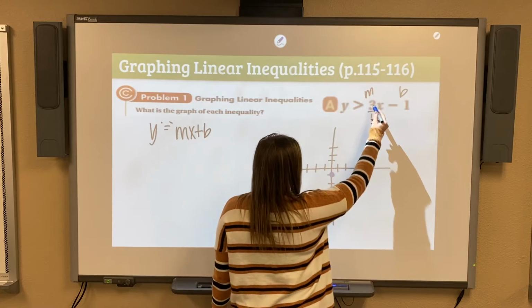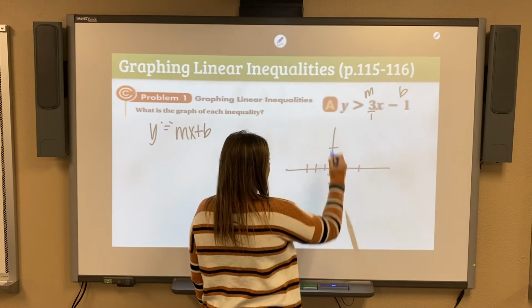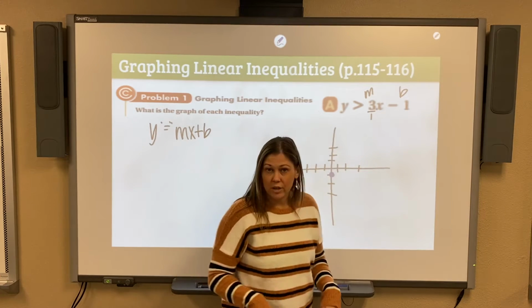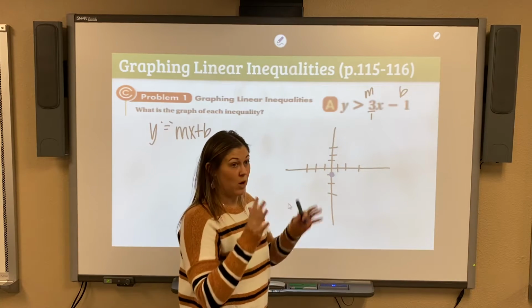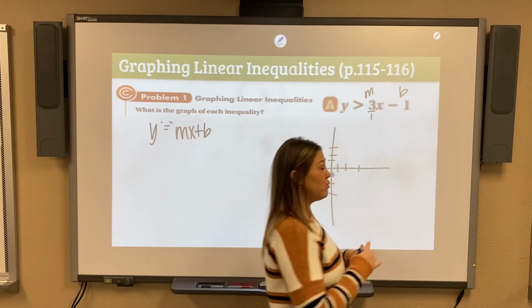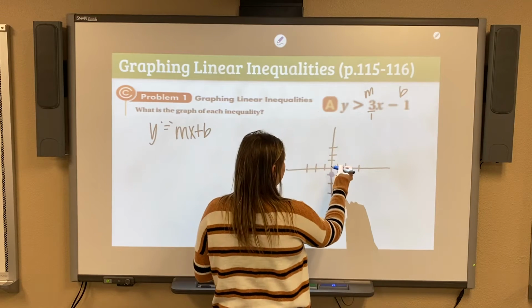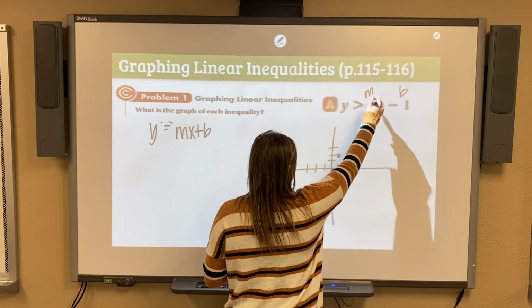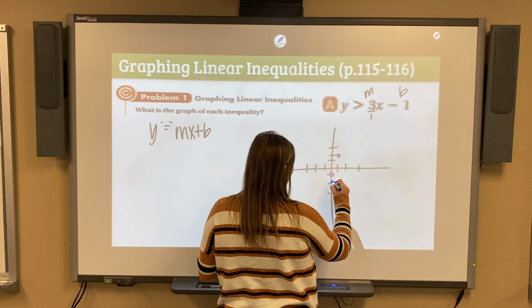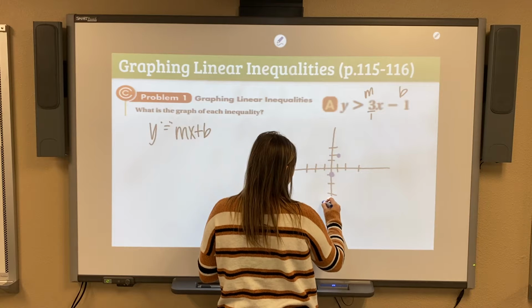Our slope is 3 over 1, so we go up or down first, preferably up. Think about it like if you have to go to a chair, you get up and then move. So you go up 1, 2, 3, then over 1, since 3 is a positive number. Or you could go down 1, 2, 3, over to the left 1.